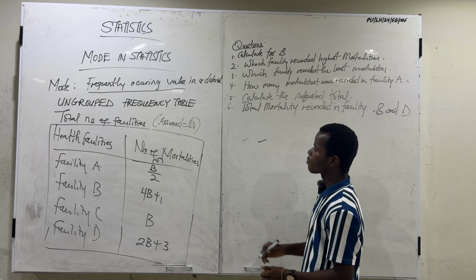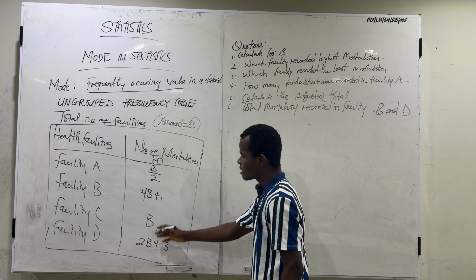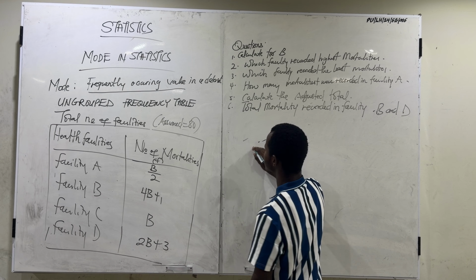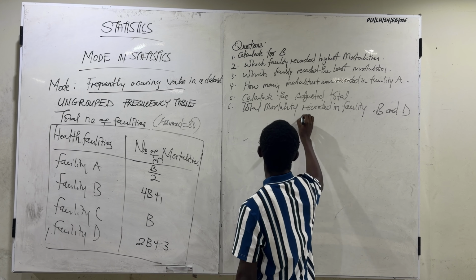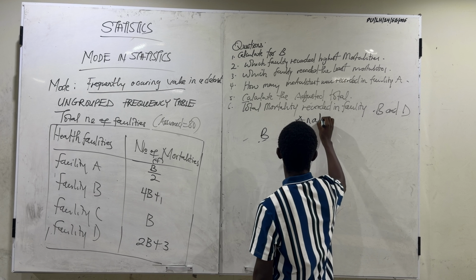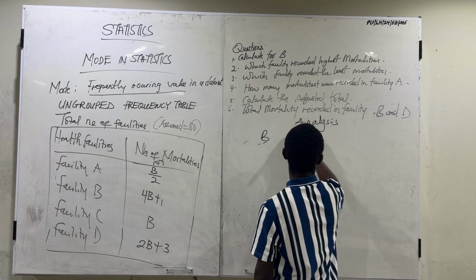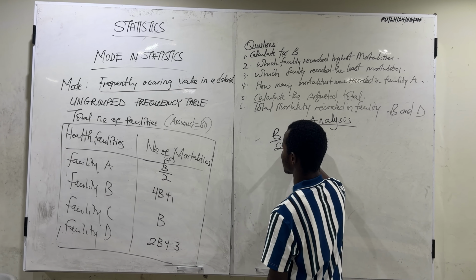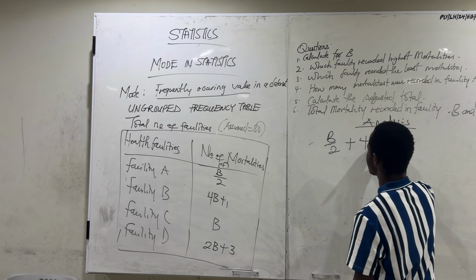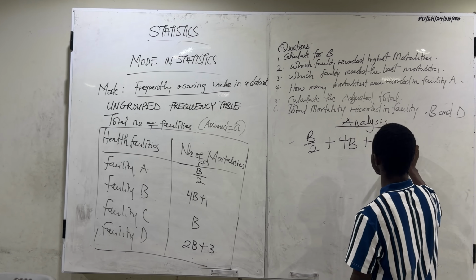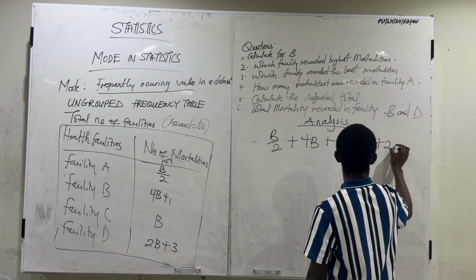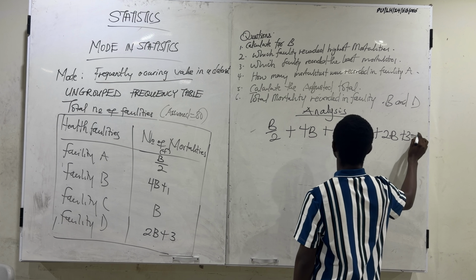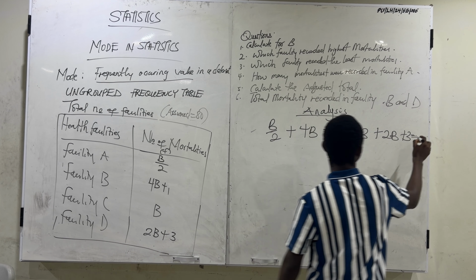So from here, you are going to sum up all these and equate it to the assumed total. So we get, analysis: B over 2 plus 4B plus 1 plus B plus 2B plus 3 is equal to our assumed total, which is 80.